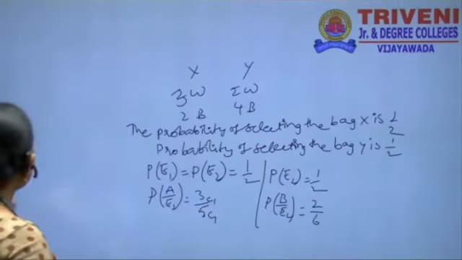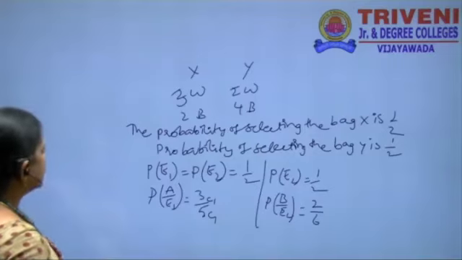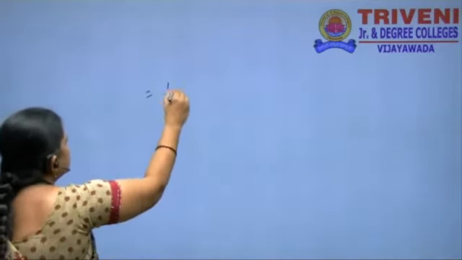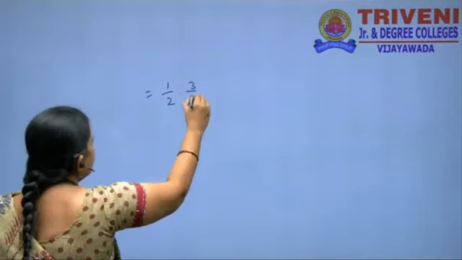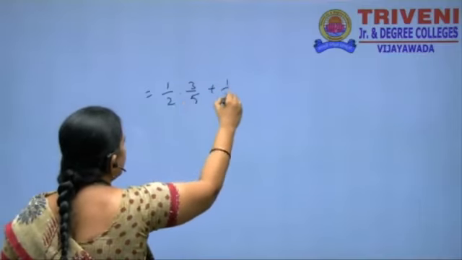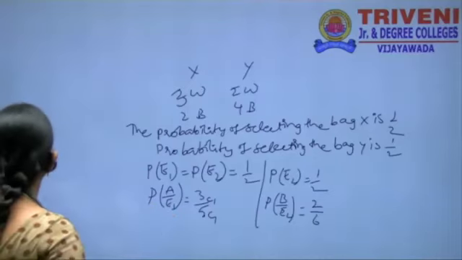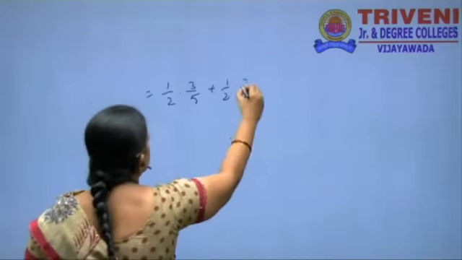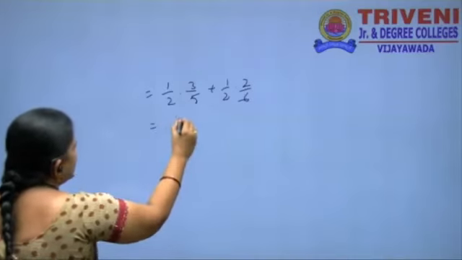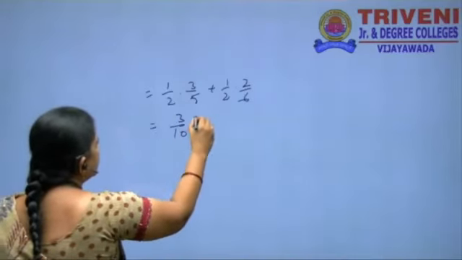Therefore, the probability of the white ball is 1 by 2 into 3 by 5 plus 1 by 2 into how many white balls are there here? 2 by 6. That is equal to 3 by 10.